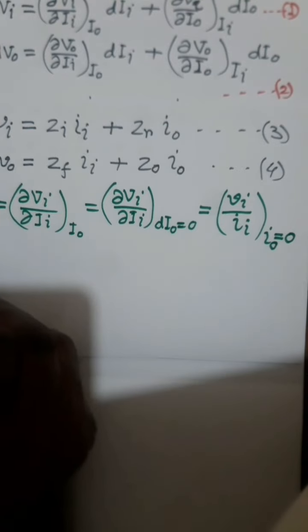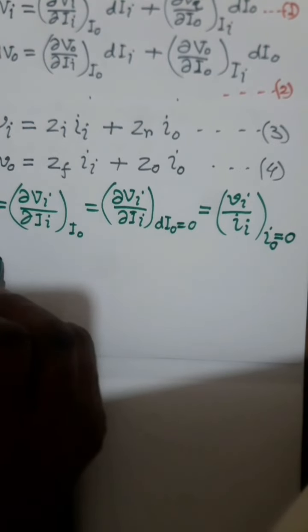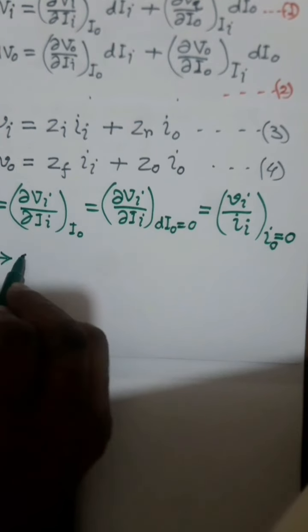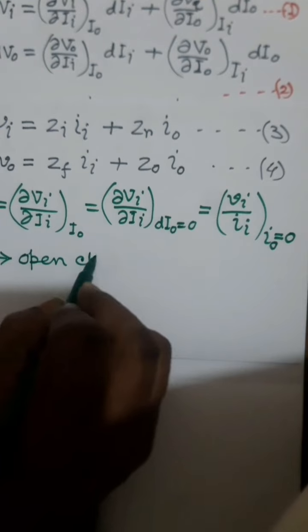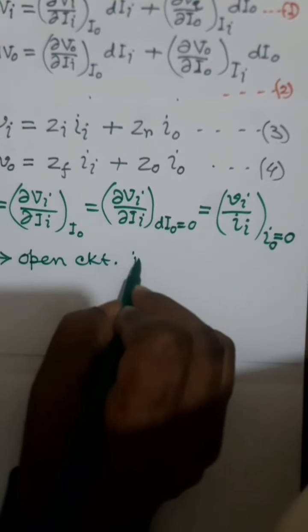So Zi is called open circuit input impedance.